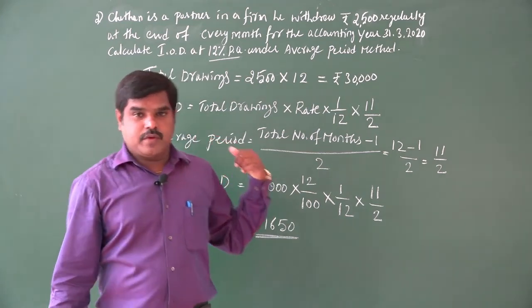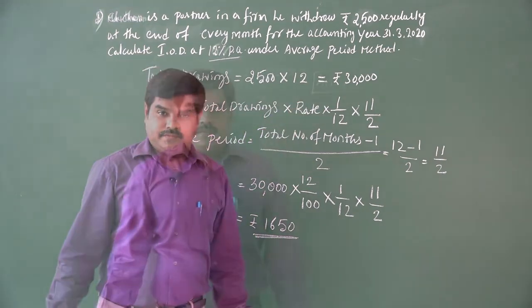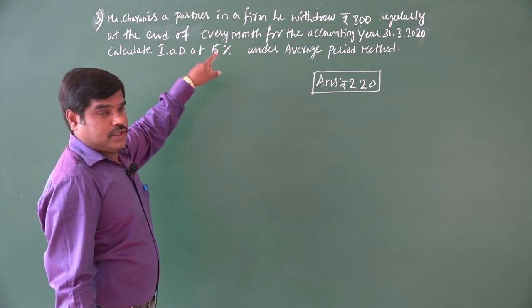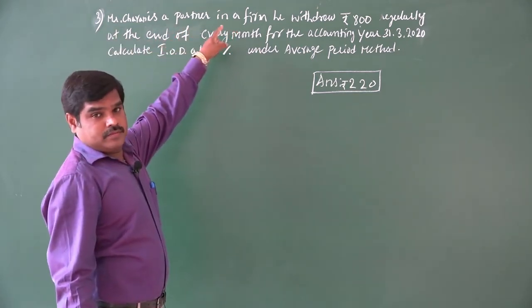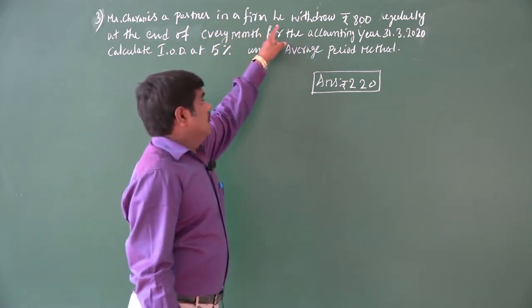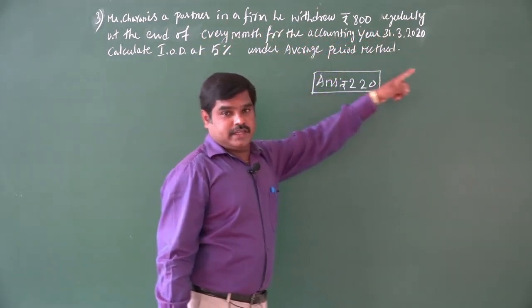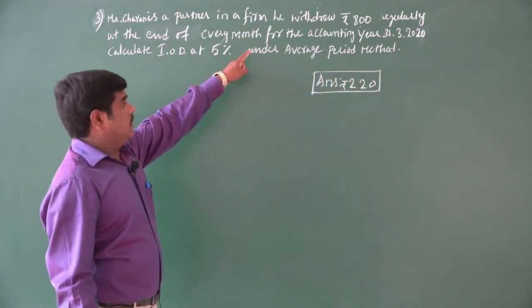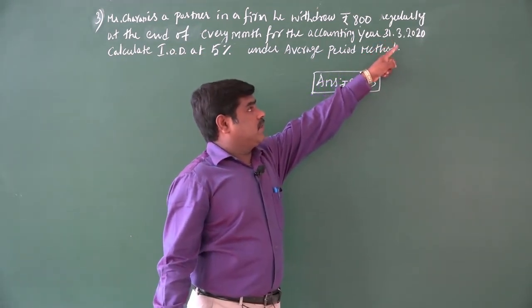I am going to write one problem on the board for the end of every month. So try. Write down this problem in your notebook and solve this. Mr. Charan is a partner in a firm. He withdrew rupees 800 regularly at the end of every month, the last day of every month, for the accounting year ending 31st March 2020.